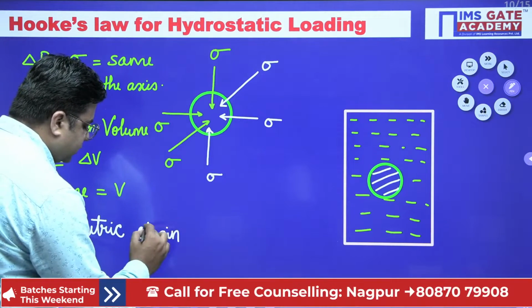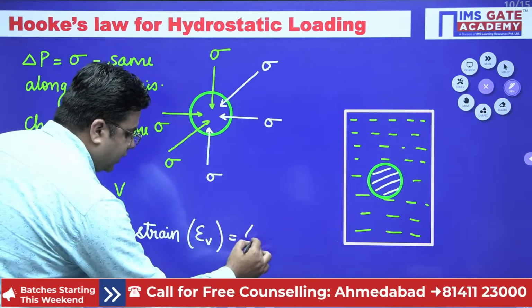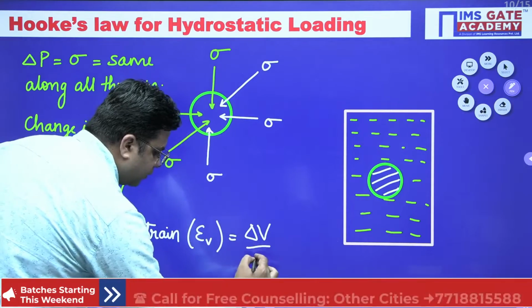So volumetric strain epsilon V is nothing but delta V by V.